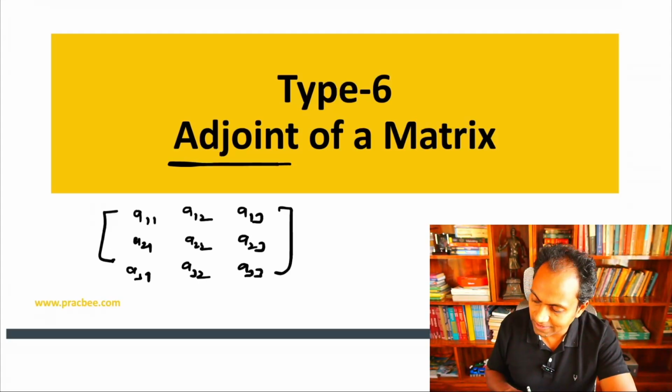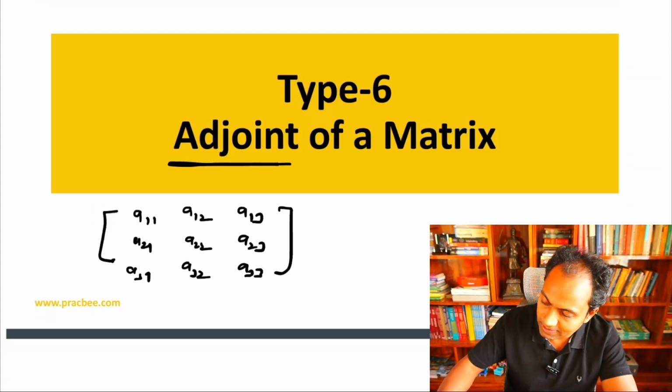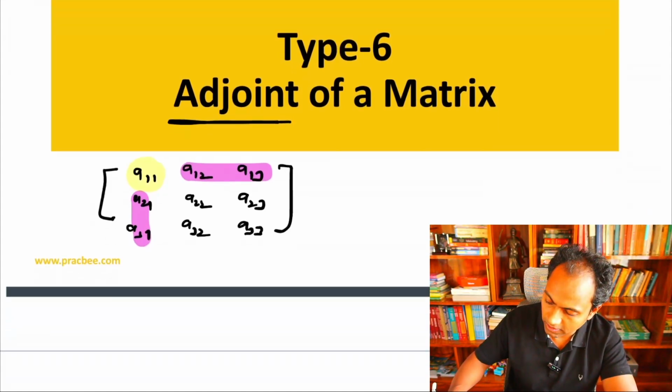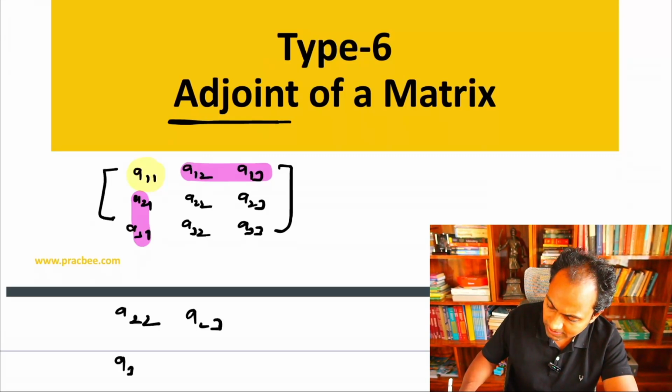So what we are saying is, if I take this element A11 and skip all the elements along its row and column and take the determinant of the remaining elements. This is very important to remember the way I am telling, because JEE has sometimes made very tricky questions on this idea.